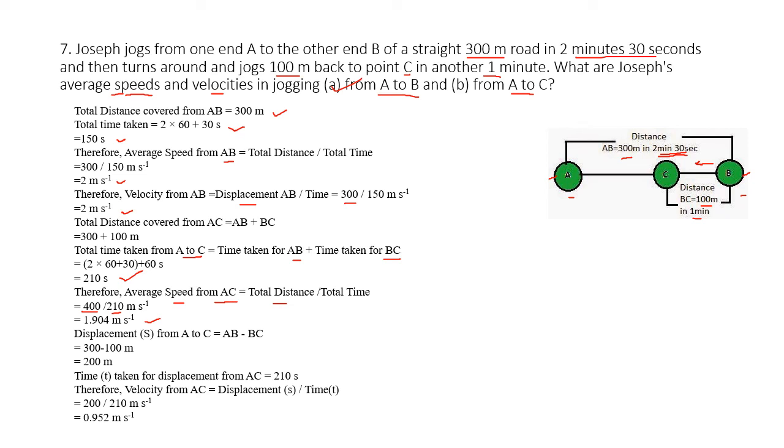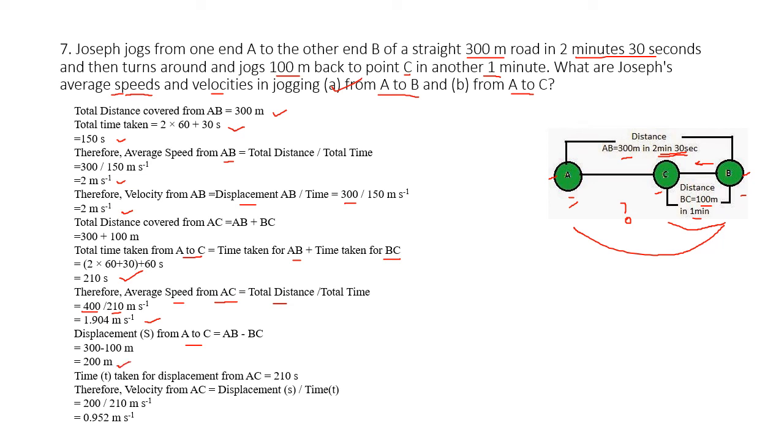And the displacement between A to C. What is the shortest distance between A to C? So total distance from A to B is 300 and between B to C is 100. Then what is the remaining part? Yes, 300 minus 100 is 200.